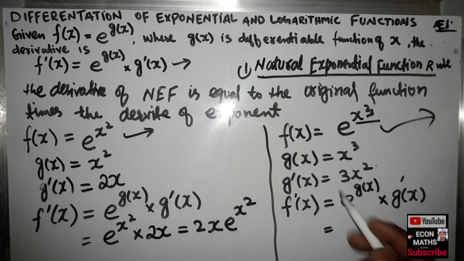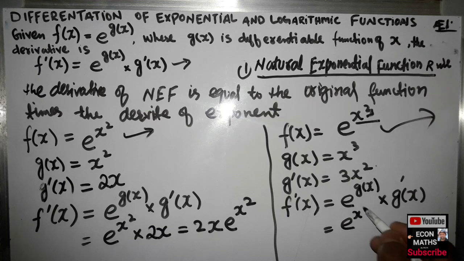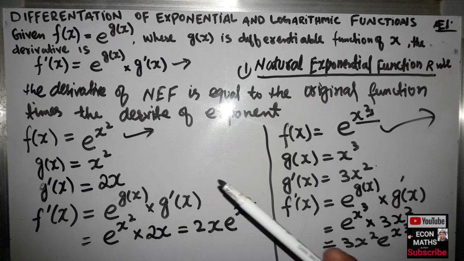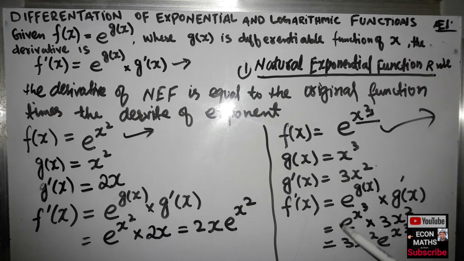Our original function is e to the power, now g of x is x cube, times the derivative g dash x we got, that is 3x square, so this will become 3x square e to the power x cube. So we have to remember the derivative of a natural exponential function is equal to the original function times the derivative of this exponent.